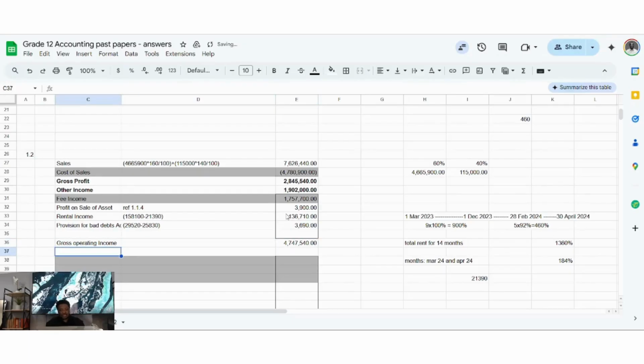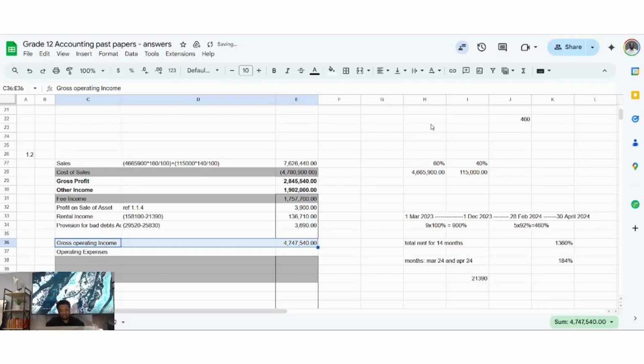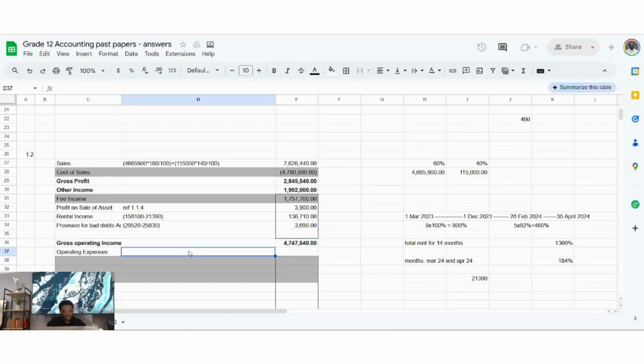And then after that, we look at our operating expenses. And by the way, again, this is another method mark, because if you add up your gross profit and other income, even if the numbers that you got there are wrong, the fact that you know that you need to add them to get gross operating income, you will get a method mark. So again, no time to be leaving blank spaces.